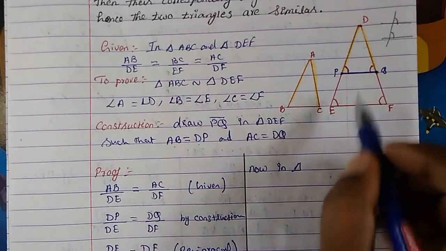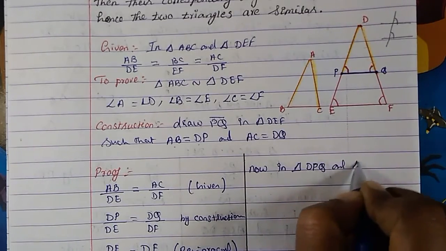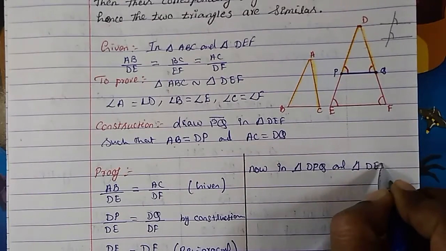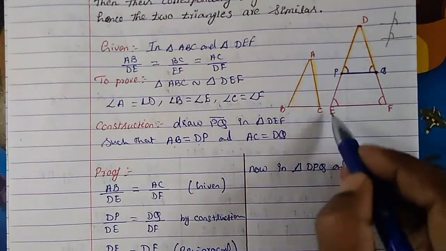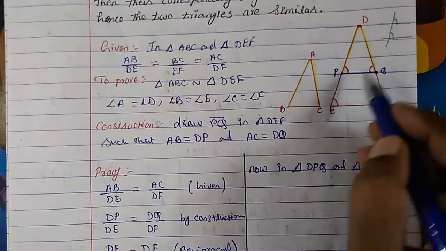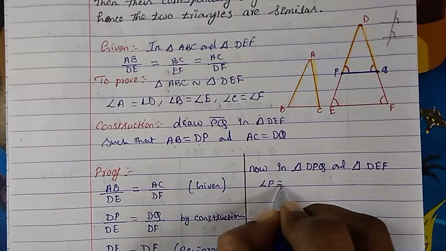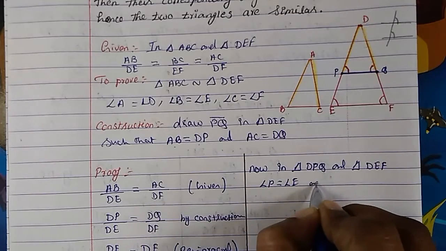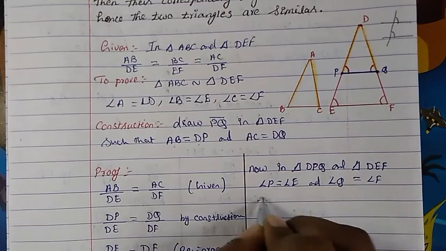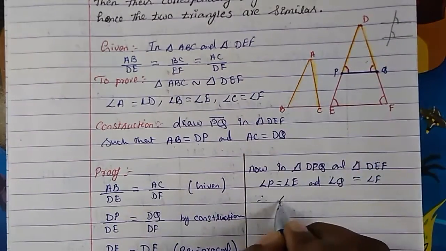Now in triangle DPQ and triangle DEF, the small triangle and the big triangle, these angles we said are equal, right? Angle P is equal to angle E and angle Q is equal to angle F. Therefore this small triangle and this big triangle become similar.